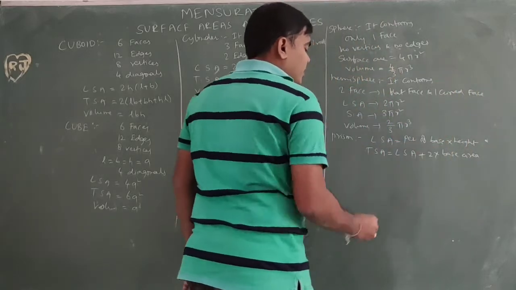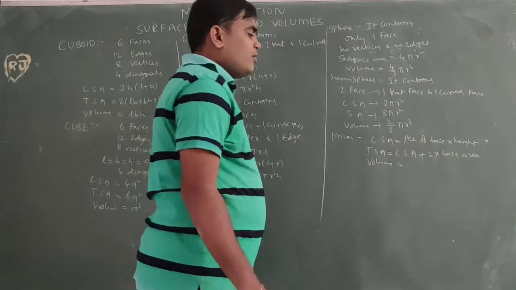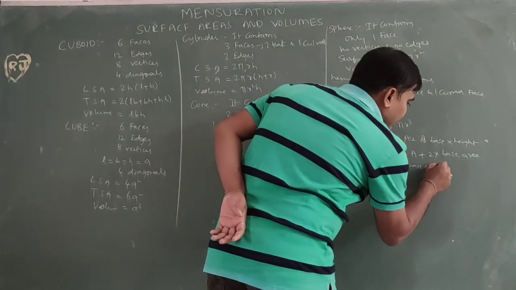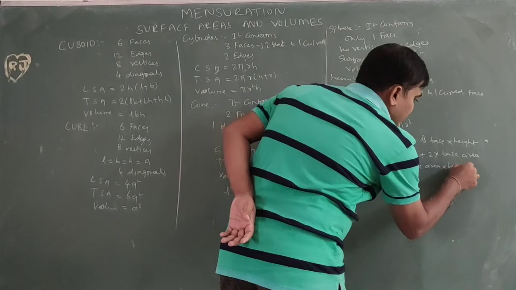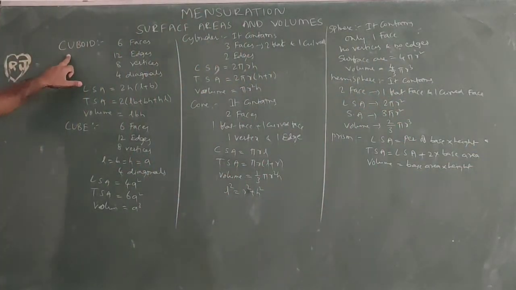Next, volume is equal to base area into height. Base area into height.